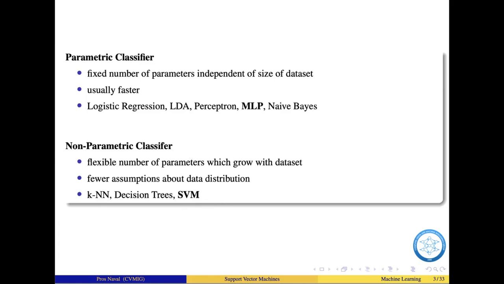For the KNN and support vector machine non-parametric classifiers, part or the entire data is carried along with the algorithm after training. While for parametric classifiers, the data may be deleted after the parameters have been computed.